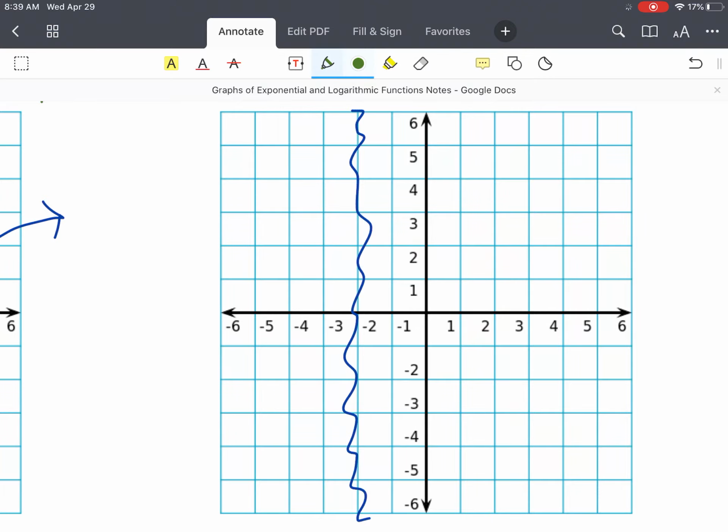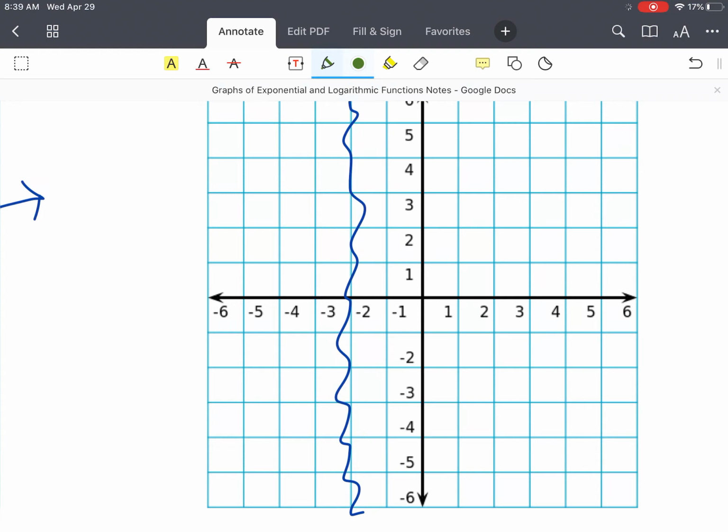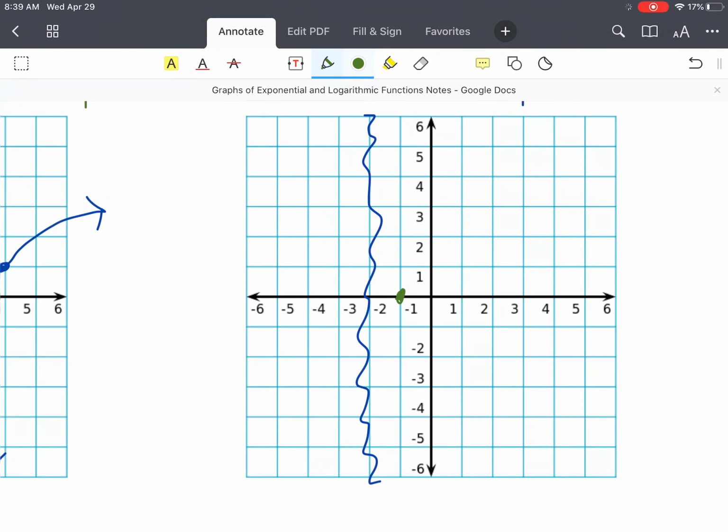And by x flip, I mean that instead of increasing, this thing's going to be decreasing. So this left 2 means our point's right here because it moves from 1 to -1, just 2 spots. And because of that x flip, it's flipping over the x-axis, so this thing looks like this.